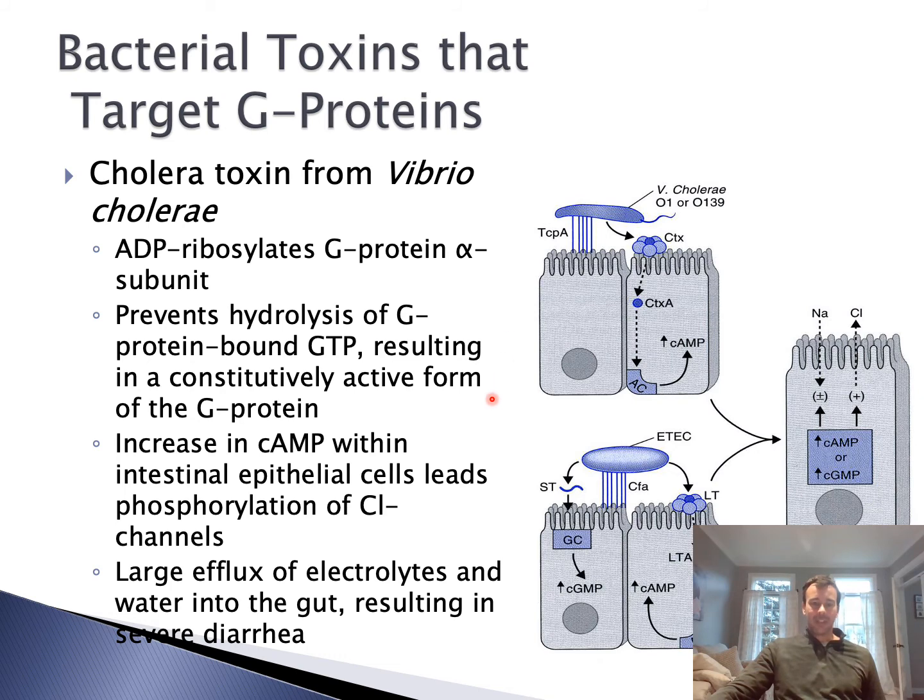So you get increased cyclic AMP levels within the intestinal epithelial cells, leading to phosphorylation of chloride channels. The downstream effect is a large efflux of electrolytes and water into the gut, resulting in severe diarrhea. All through this mechanism of increasing the concentration of the secondary messenger cyclic AMP through ADP ribosylation of the G protein.